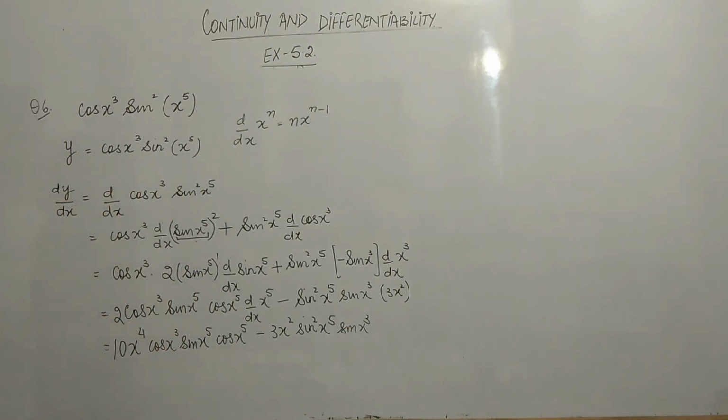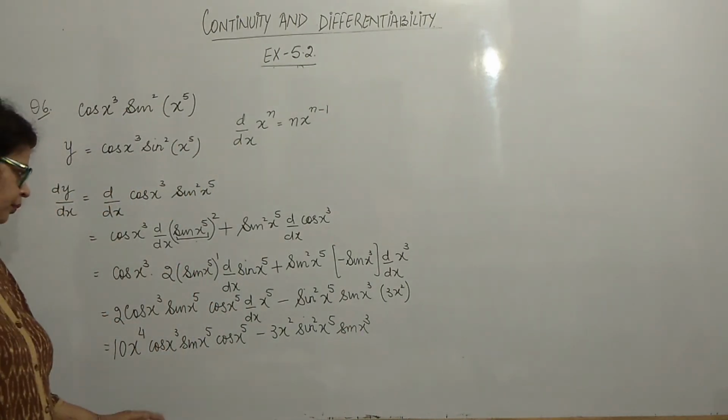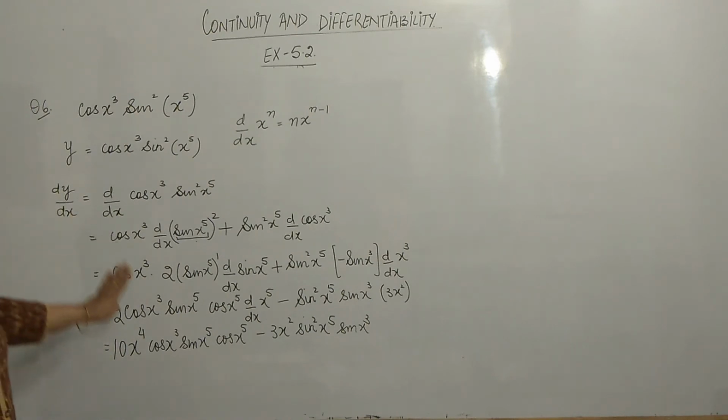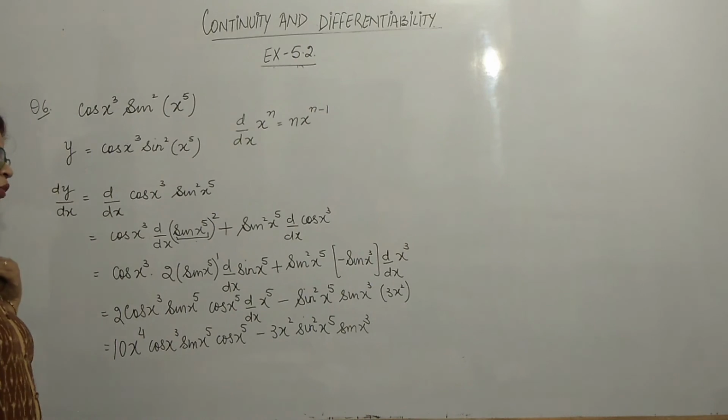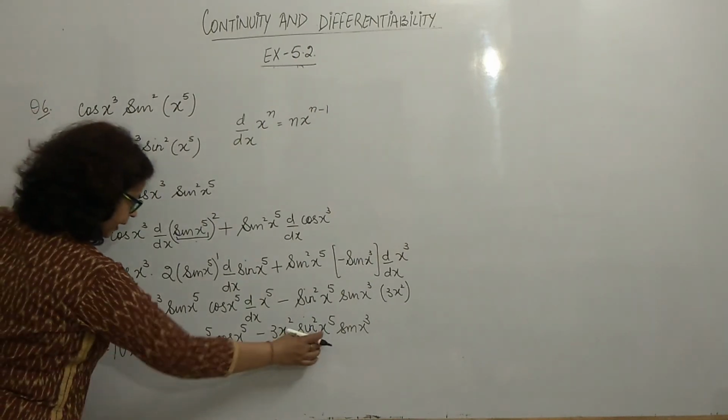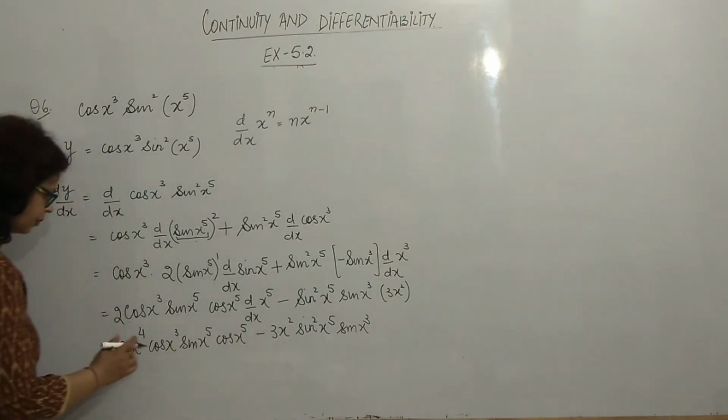Now look, observe carefully. The work of the derivative is over, right? Now just take out whatever you can take common, like sin x to the power 5 can be taken out, and x square can be taken out.